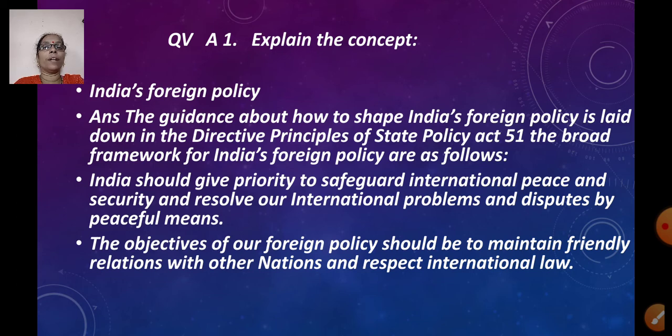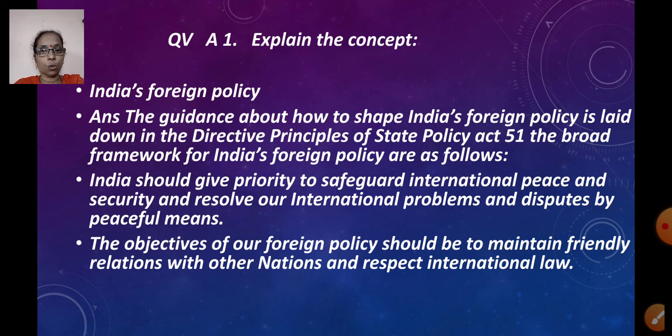The broad framework of India's foreign policy is as follows. India should give priority to safeguard international peace and security and resolve our international problems and disputes by peaceful means. The objectives of our foreign policy should be to maintain friendly relations with other nations and respect international law. So you need to write all the points mentioned.